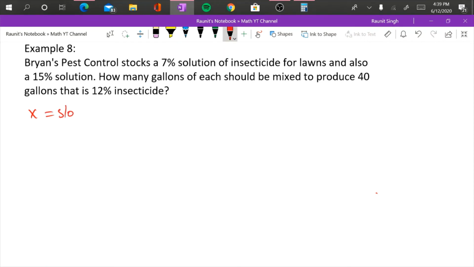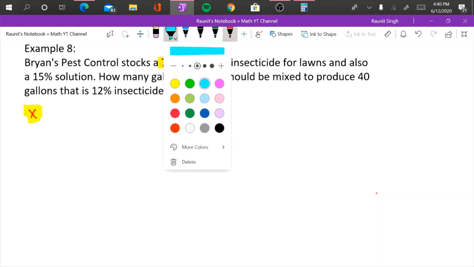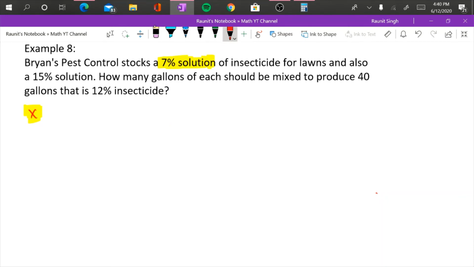solution for the 7%. So X amount for the 7%, and then we're going to need 40, because we need 40 gallons.